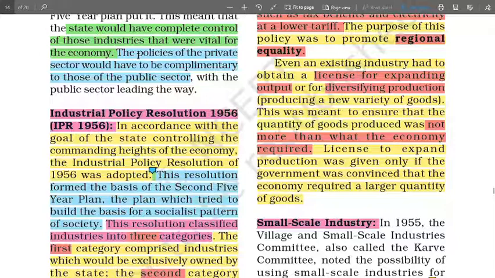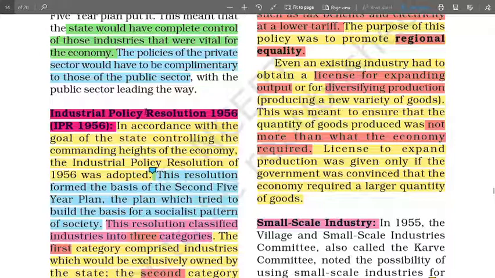So immediately after independence, we had the Industrial Policy Resolution first in 1948, and after 8 years, at the same time as completing the first 5-year plan, India adopted the Industrial Policy Resolution 1956. This is a very important policy for industrial development.